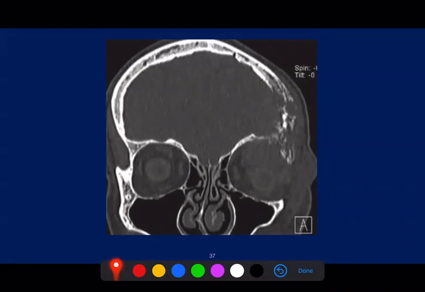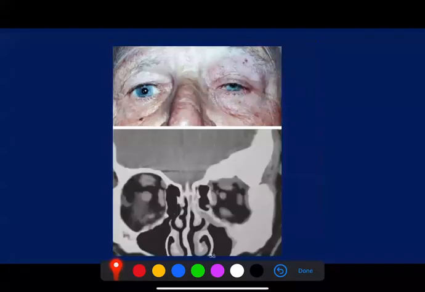Okay. So what's the most likely diagnosis? I have to rule out a malignant tumor in this case. So I have to rule out, for example, metastasis. Excellent. I have to rule out the lytic lesion.